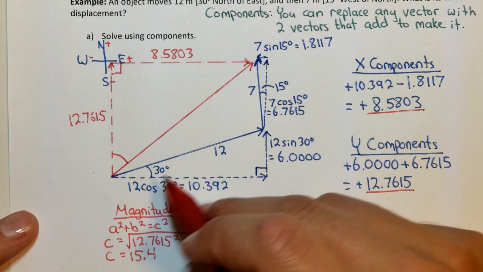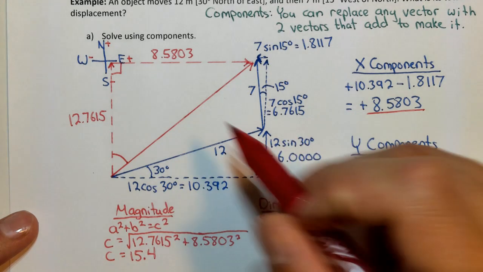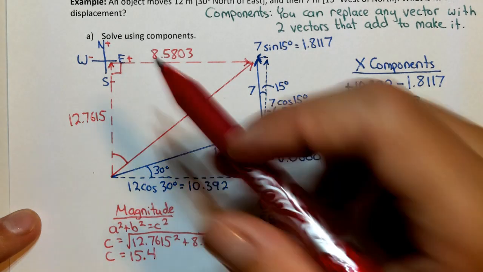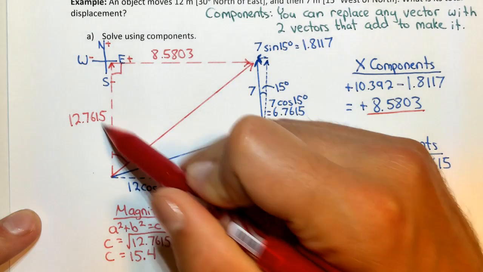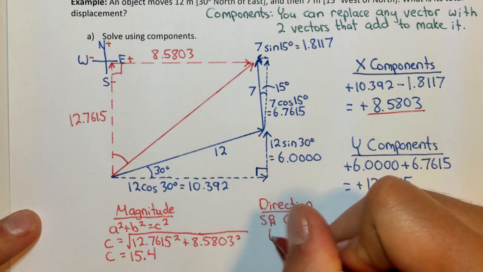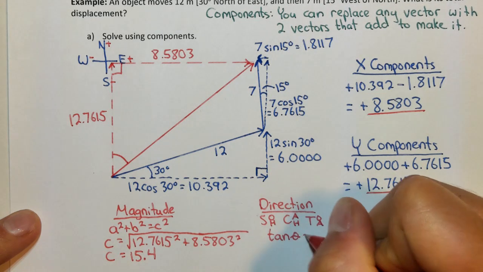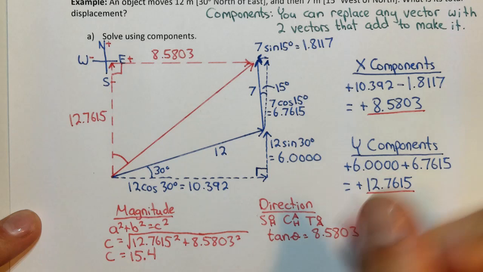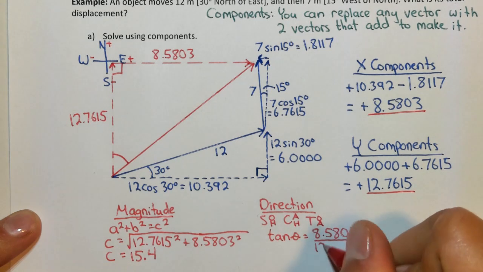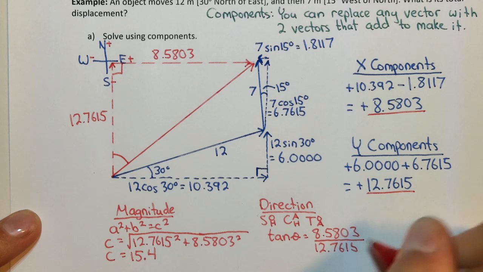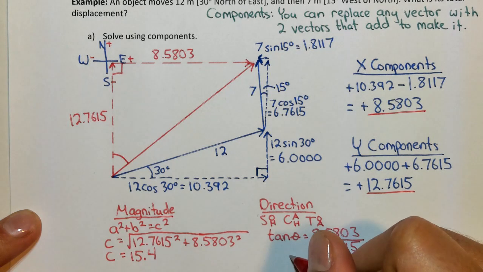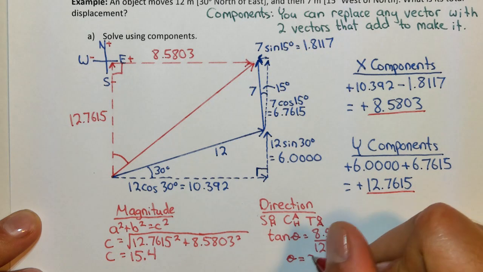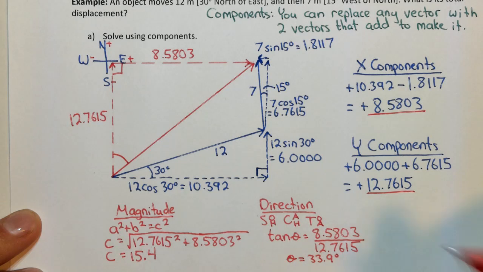There's a little more garbage sort of going on down over here. And I should be able to find this because it's one of the angles in my right-angled triangle. So I can use SOHCAHTOA to find it. I know the opposite side and the adjacent side, so I'll use tan. And that gives me theta is equal to 33.9 degrees.